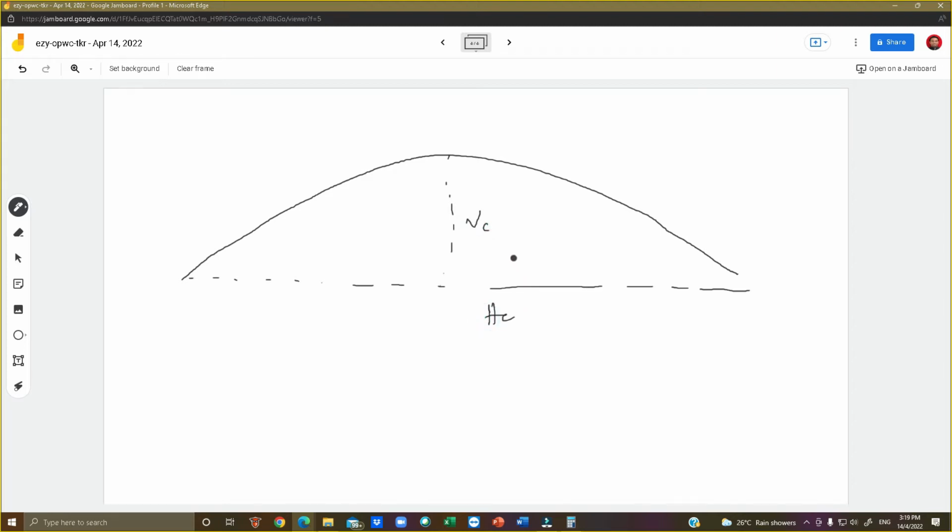Other than this, there are several things that you need to focus on. The first one is the peak of the trajectory, known as the apex. When you see or hear apex, it means the peak of the trajectory. That's the first one.